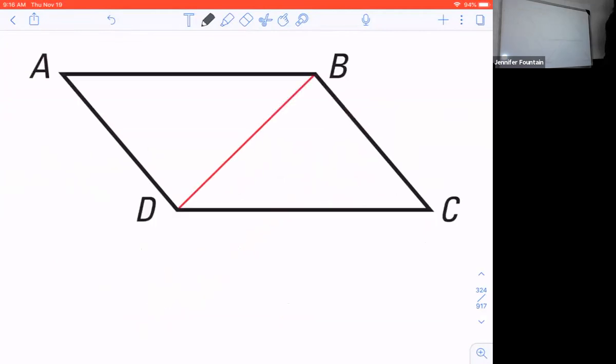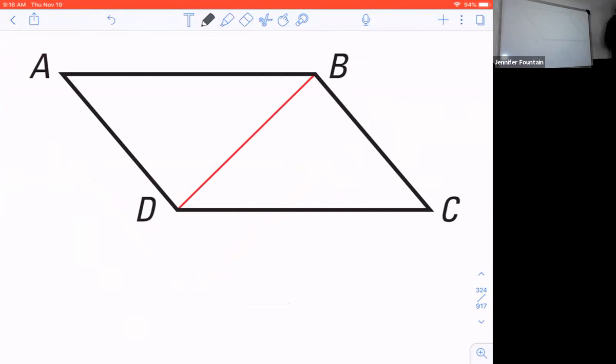What's the only thing that I know for sure? Oh, they're equiangular. The triangles are equiangular. Okay, so I know that I've got 2 triangles. Now, how do you know they're equiangular? Are they marked? No. So can I assume anything? No. Knowing that this is a parallelogram, let's go ahead and mark this up.